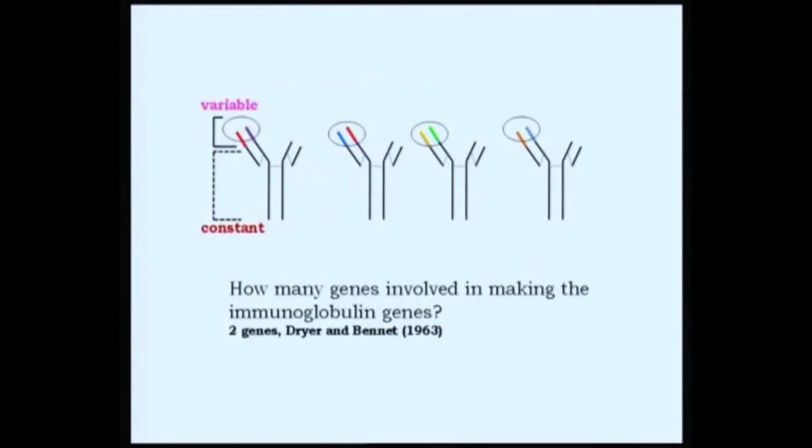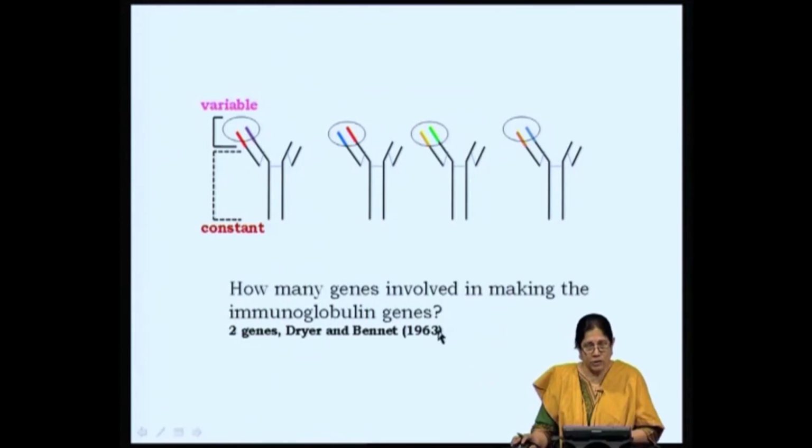But this also did not hold much water, and it was in 1963 that Dreyer and Bennett proposed for the first time that the immunoglobulin is coded for by two different genes. We do know now that it is not two different genes, but two different gene segments, one that corresponds to the variable region and the other gene segment to the constant.